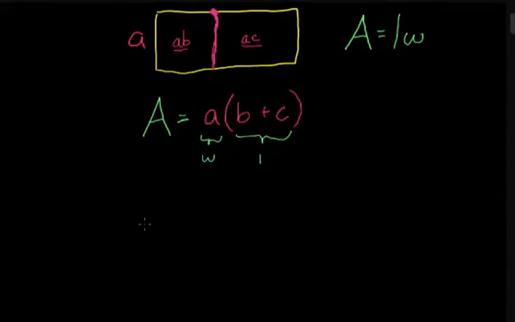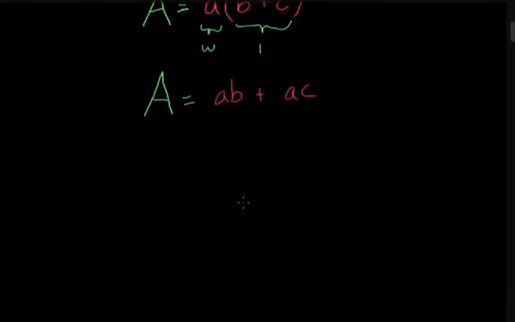So the area of the rectangle can also be expressed as the following: a times b plus a times c. So we've got two ways of expressing the area of the rectangle: a times the sum of b and c, and ab plus ac.